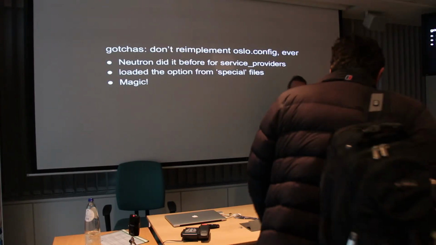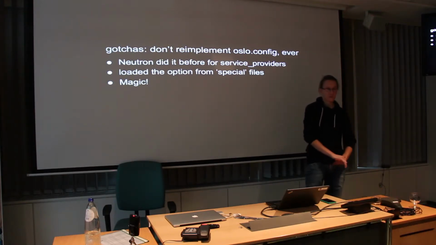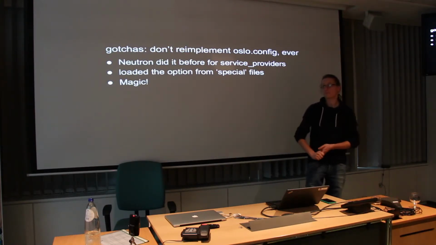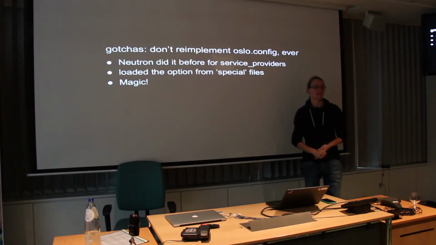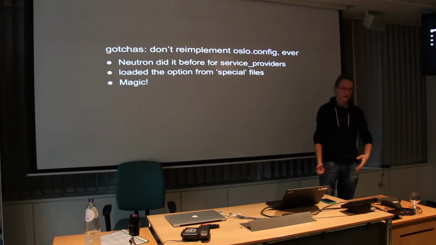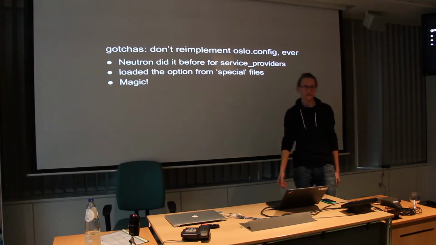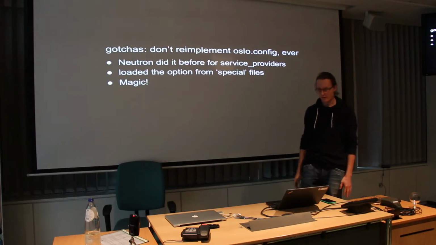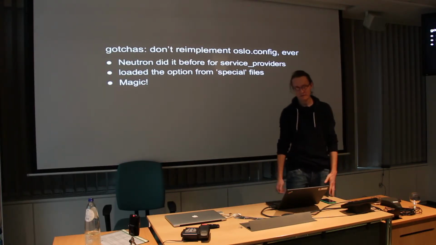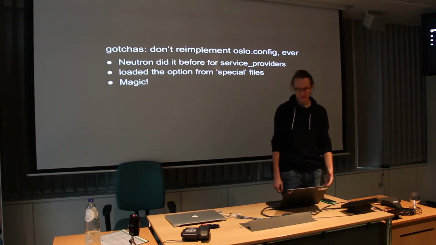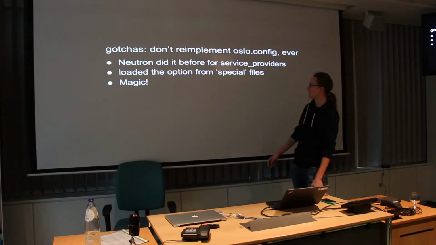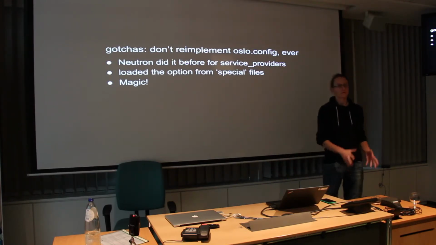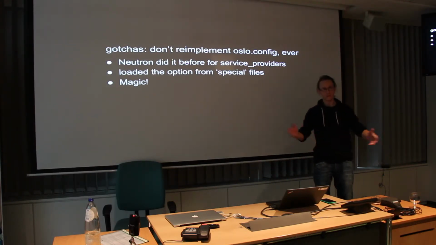Yeah, so some problems that people do in upstream when coding. Sometimes it seems that it's easier to hack around some quick solution and re-implement some part of configuration parsing. We actually did it in Neutron for service providers when we were splitting advanced services into different repos.